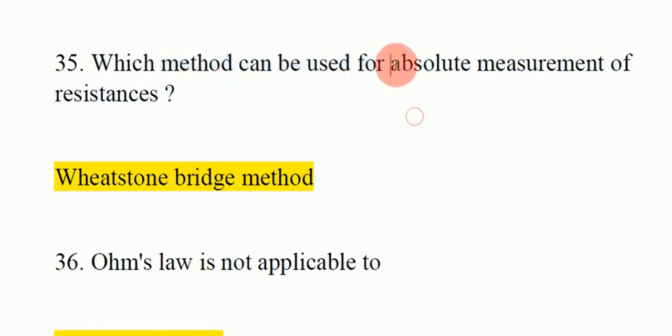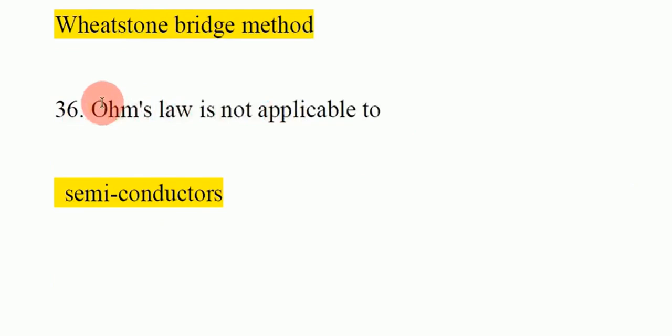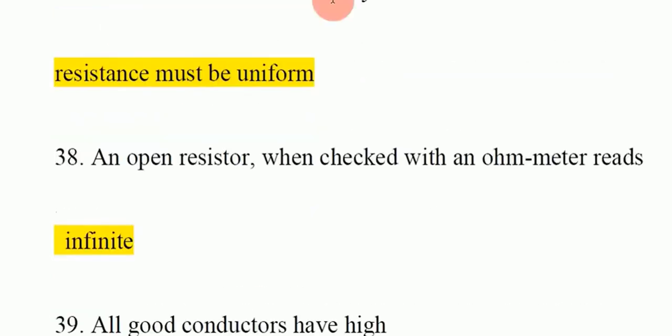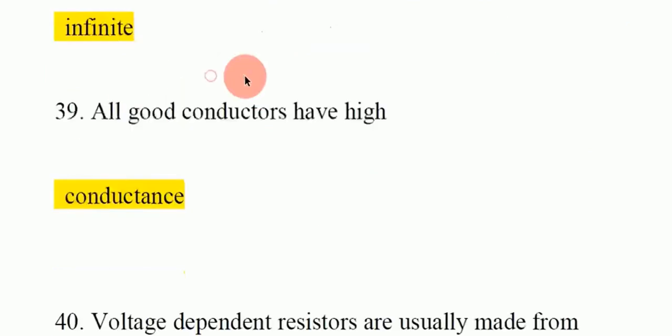For absolute measurement, we use the Wheatstone bridge method. Ohm's law is not applicable to semiconductors. The condition for the validity of Ohm's law is that resistance must be uniform. An open resistor, when checked with an ohmmeter, reads infinite.